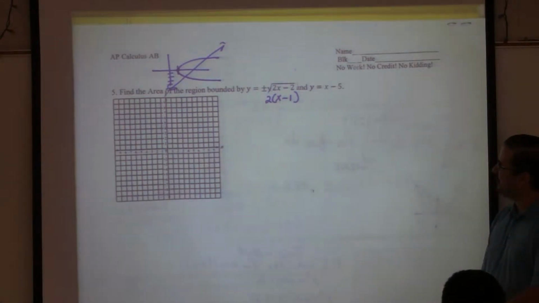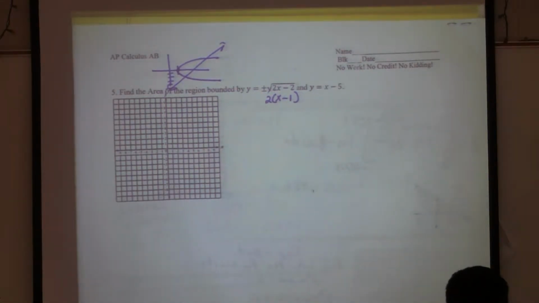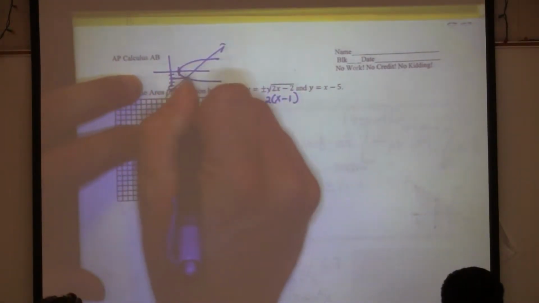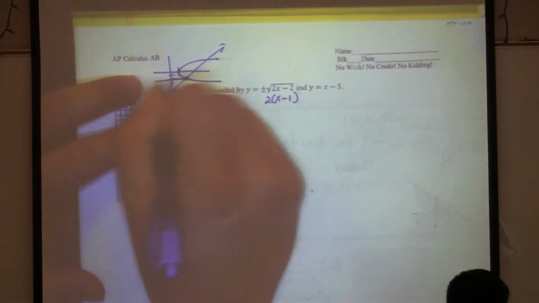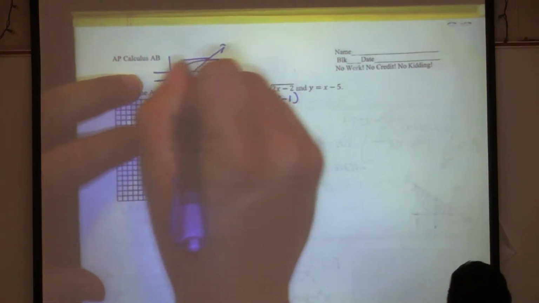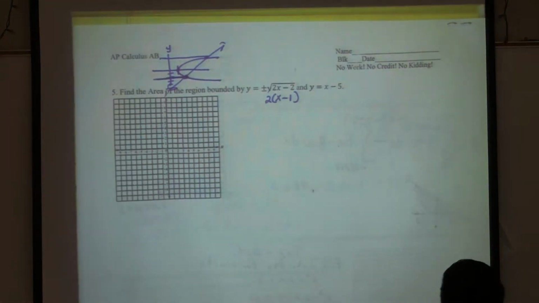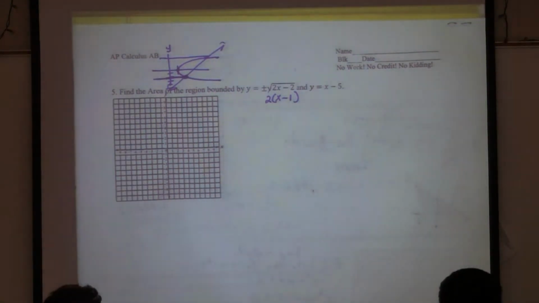So do I want to do top minus bottom, or right minus left? Right, for this one, it's going to be right minus left, because I ultimately want to go from here all the way to up here. So those are what kind of values? Y values. Okay?